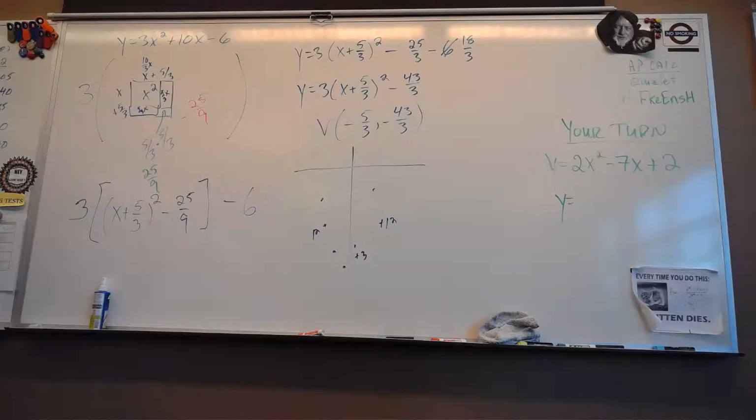So, how many x tiles in your picture? How many x tiles? You've got 3.5 there, and you've got 3.5 here, right? That's 7 x tiles total.